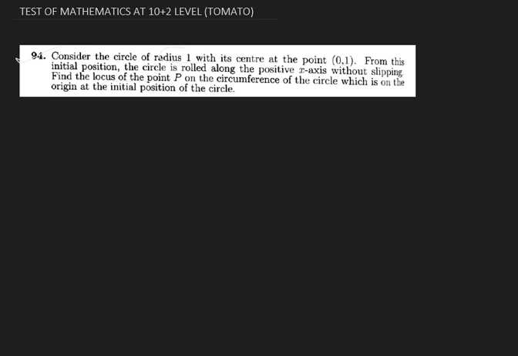Okay, so first of all, we draw the circle in the positive side of the x-axis. So this is the required circle of ours, and this is the origin, and this is the point P with coordinate h, k.